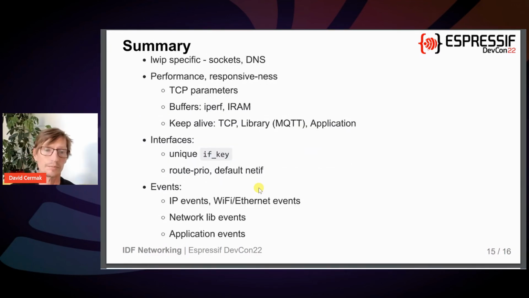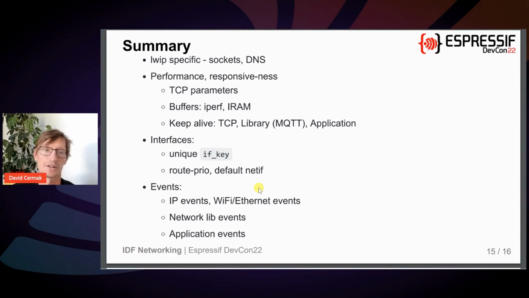So let me just conclude with what I have to say about all of these three examples. I already said that in IDF we use LWIP, so there are certain things in networking configuration that are specific to LWIP.